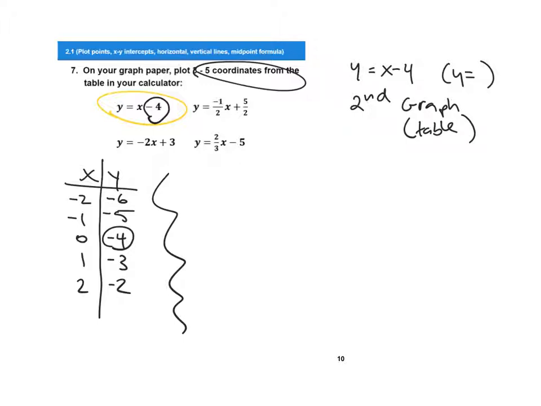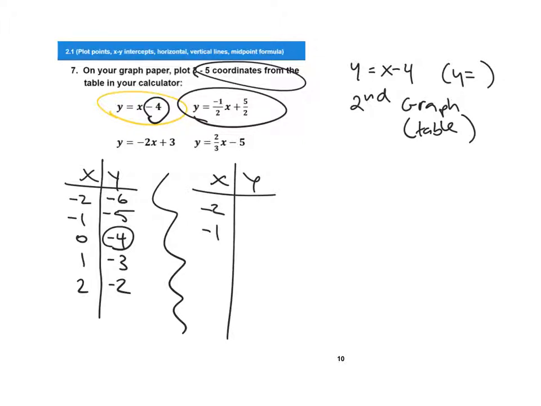So next, I would just type this one in as I see it, and I like to use parentheses around my fractions for my slope. So I would just type in negative 1 divided by 2 on the calculator, multiplied by x, plus, and notice that the y-intercept is also a fraction, so I can just put 5 divided by 2 in parentheses as well. And then I'm going to go to second graph, pulls up the table.